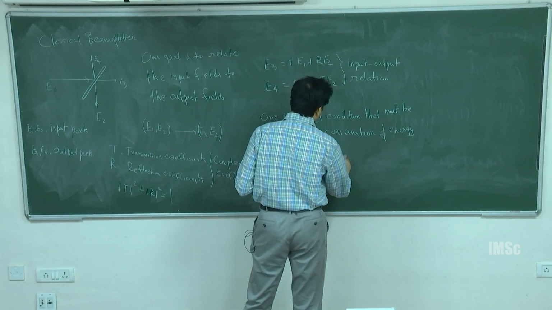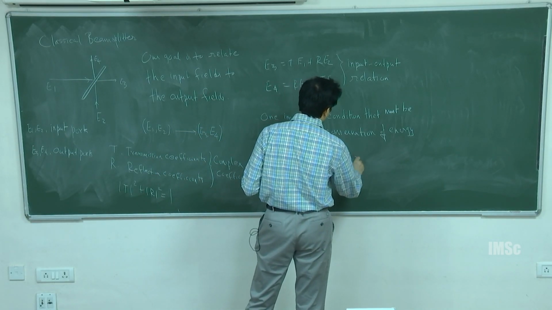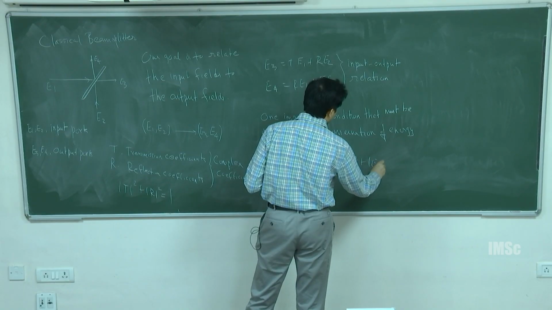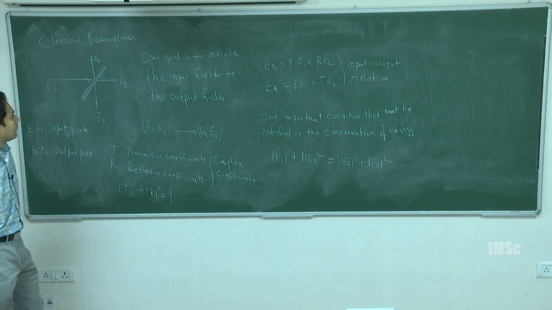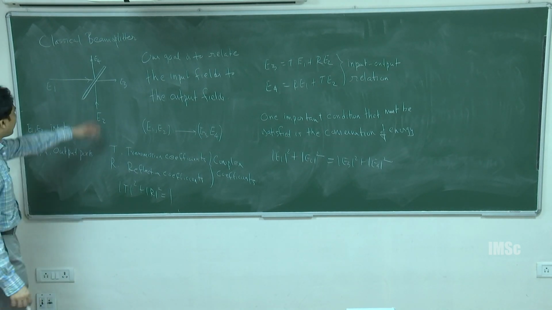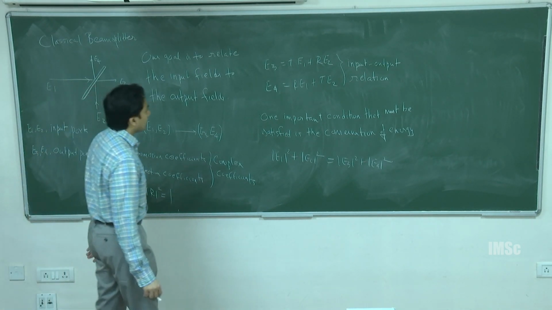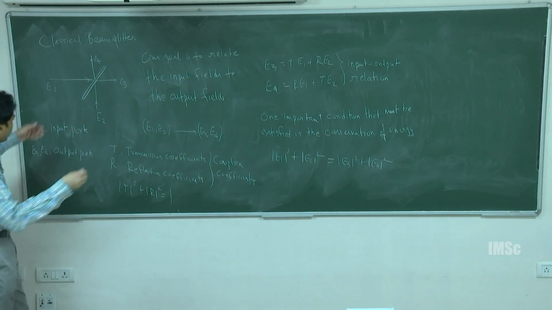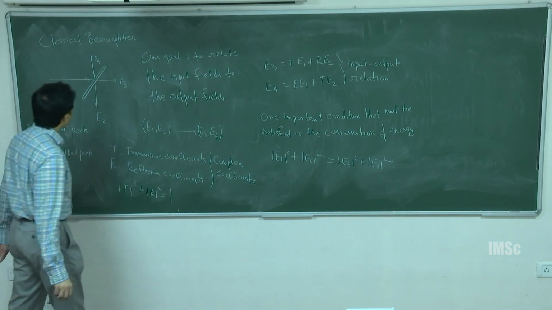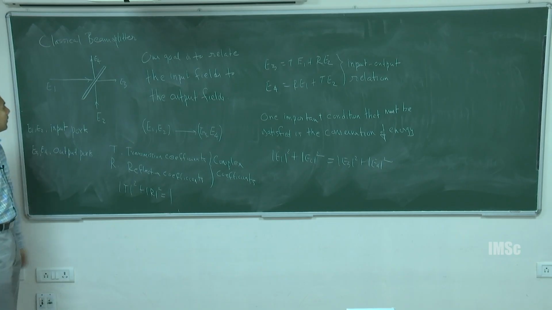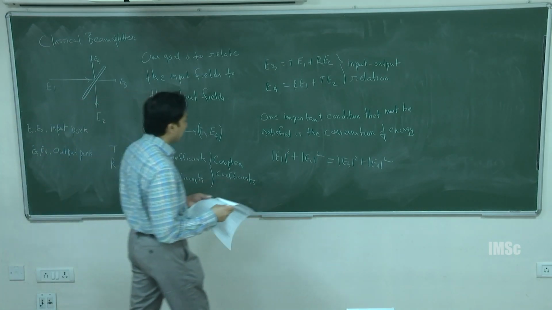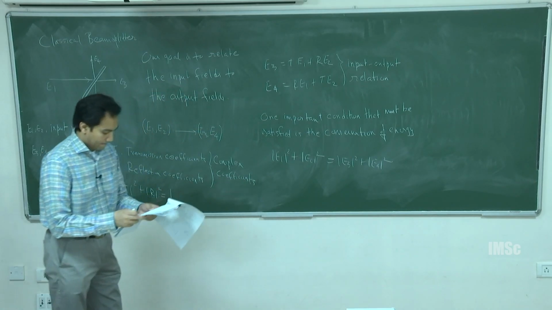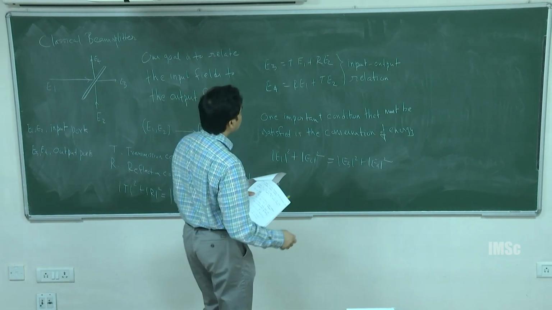And that should be equal to the total energy of the outgoing fields. E1, E2, E3, E4 correspond to the fields injected into the beam splitter and the fields that emerge from it. This is the conservation of energy.